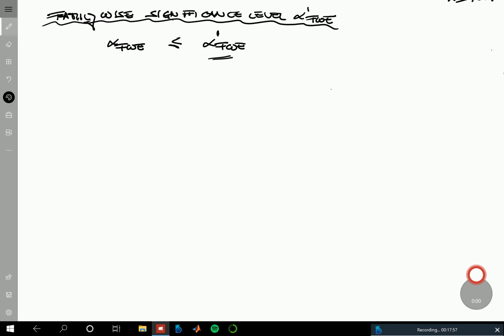Good. And with all this in place, we can now actually show that the maximum test statistic can be used to control the family-wise error rate at some significance level alpha prime.